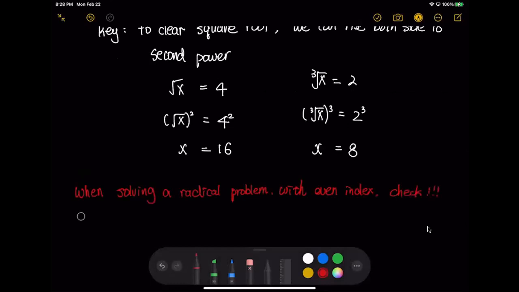For example, what's even index? Square root is an even index. That means we need to check our answer. Cubic root is an odd index, so it's not necessary to check, but feel free to check your answer.